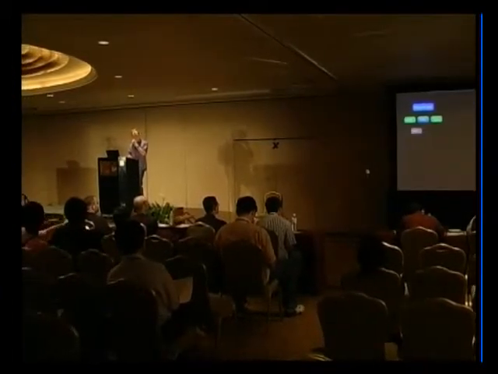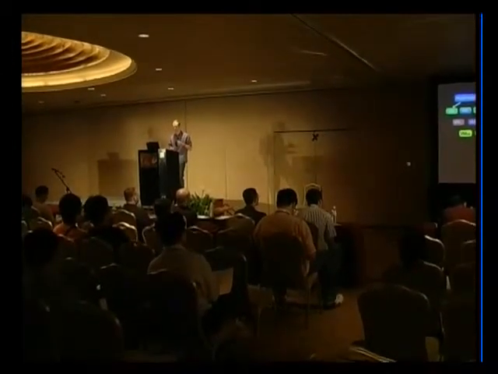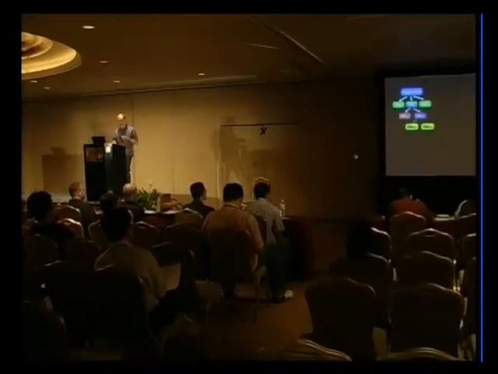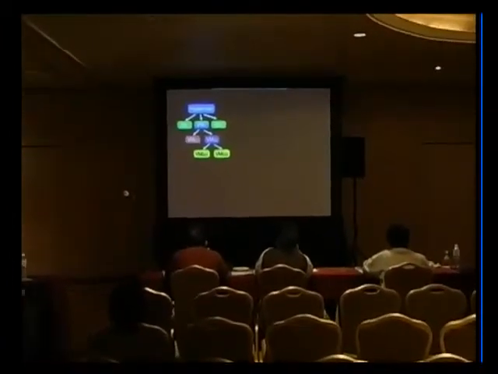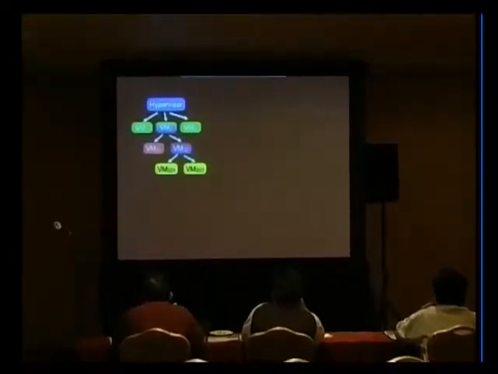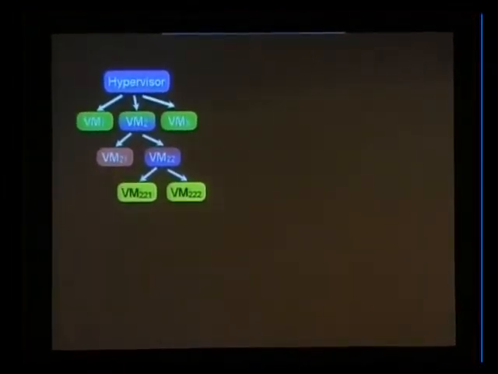So this is the picture of the relations between these virtual machines. The arrows illustrate how we should route events from one hypervisor to another.